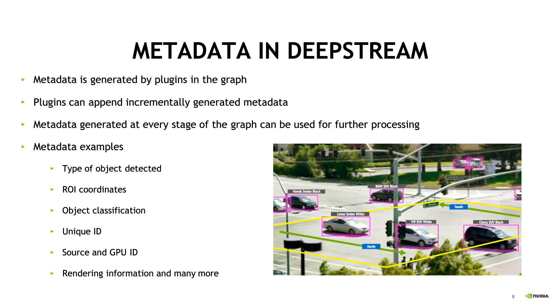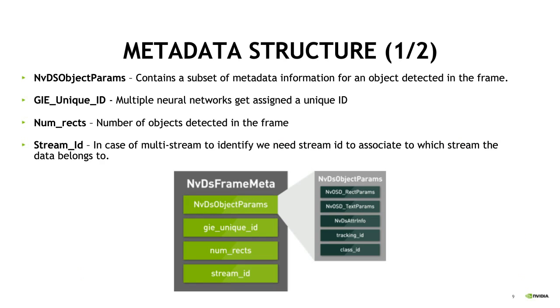Let's now take a closer look at the metadata structure. DeepStream offers an extensible standard structure. It starts at the frame level data, and has an additional subset for object-level data. The GIE unique ID parameter is used to handle scenarios with multiple neural networks where each network gets assigned a unique ID.